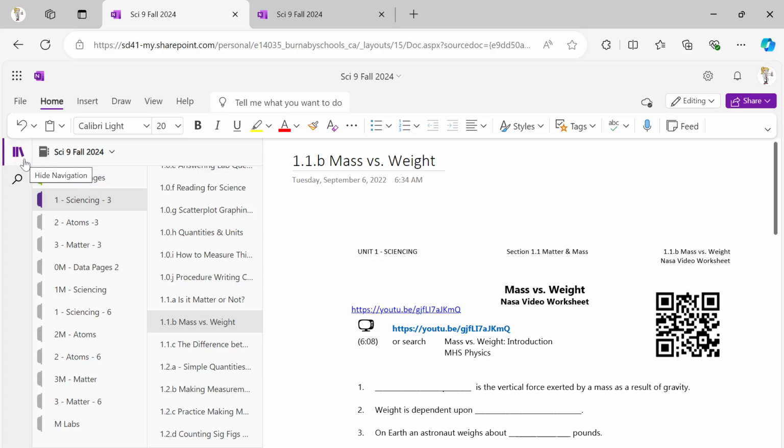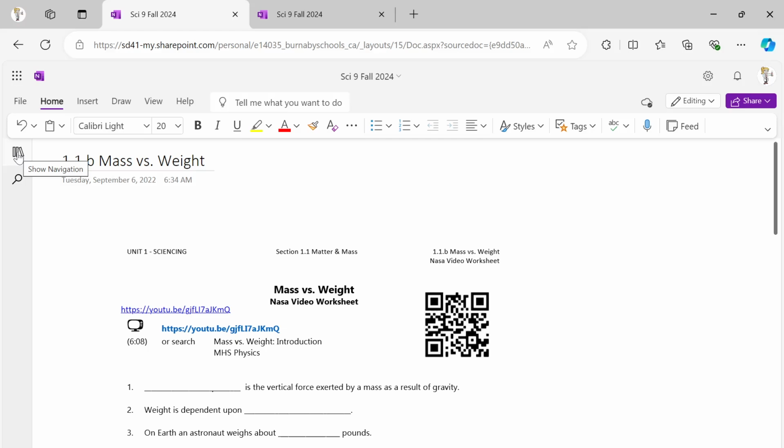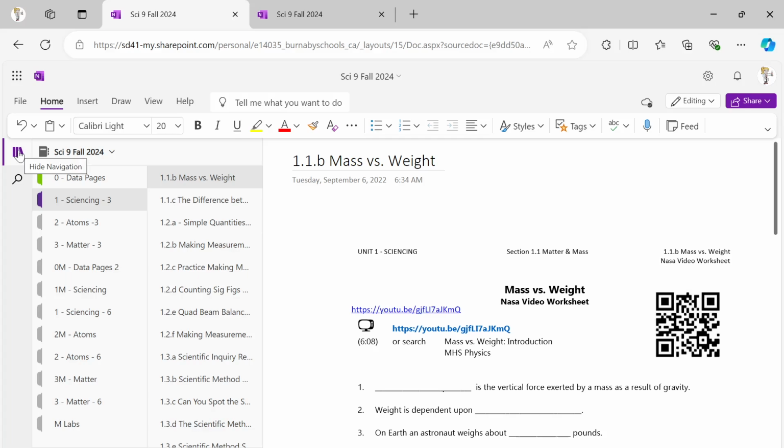Do you see this little bookshelf here? What do you think is going to happen when I click on that bookshelf? Any guesses? It's going to hide it. Yeah, exactly. And now I just have a nice full view of that. And if I want it back, I click on the little bookshelf, and now my books are all open and I can find what I need again. Okay?